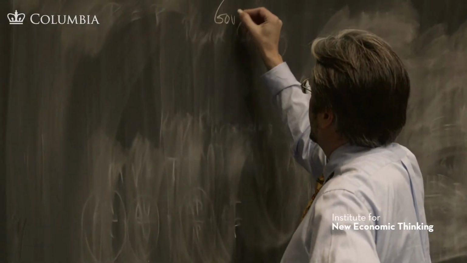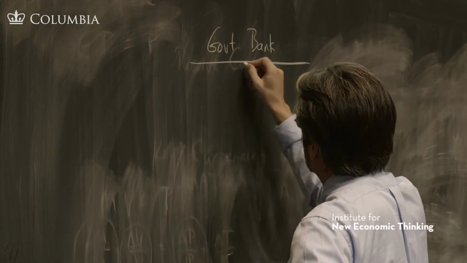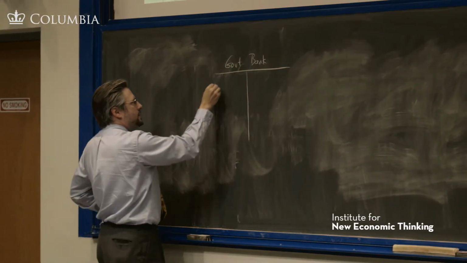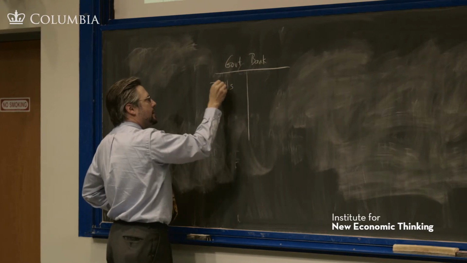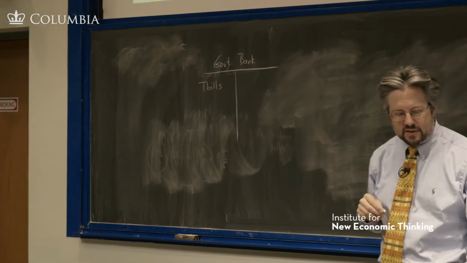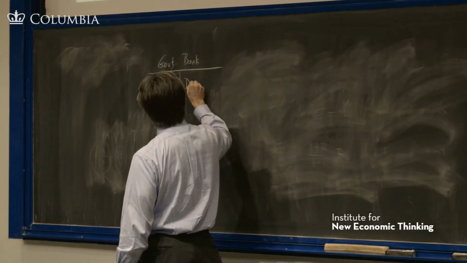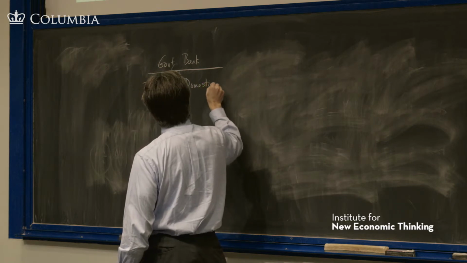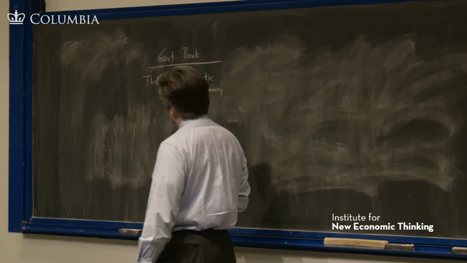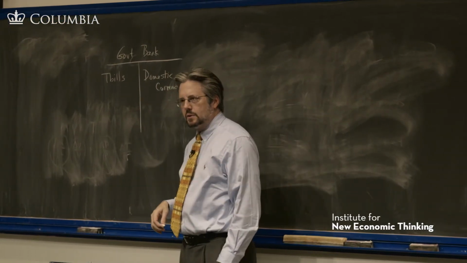So there's the government bank here, which has treasury bills and issues domestic currency, the king's money. So this is the king's money, the domestic money we're talking about.